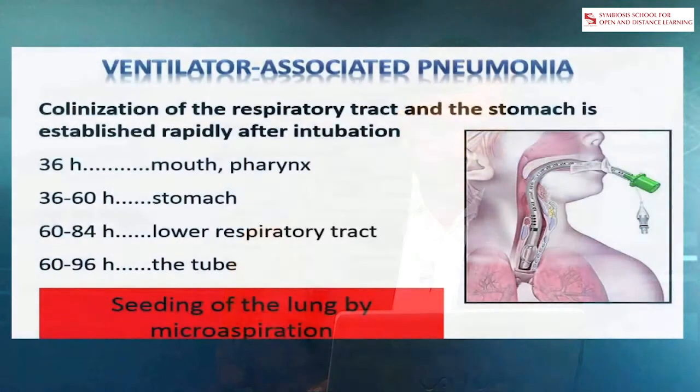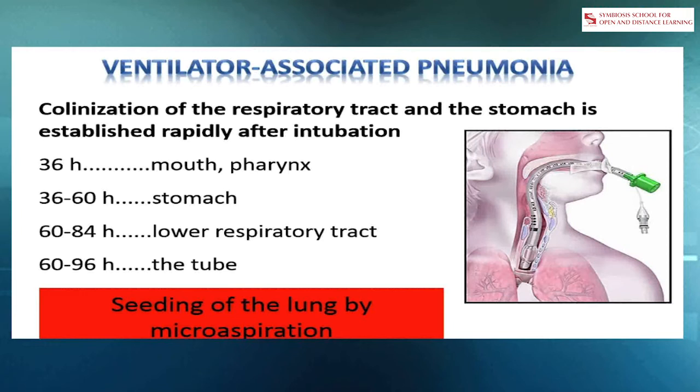So, in ventilator pneumonia, colonization of the respiratory tract and the stomach is established rapidly after intubation, and seeding of the lung by micro aspiration occurs. In the first 36 hours, it is the mouth and pharynx germs that are likely to cause VAP. After 36 hours, it is micro aspiration from the stomach.